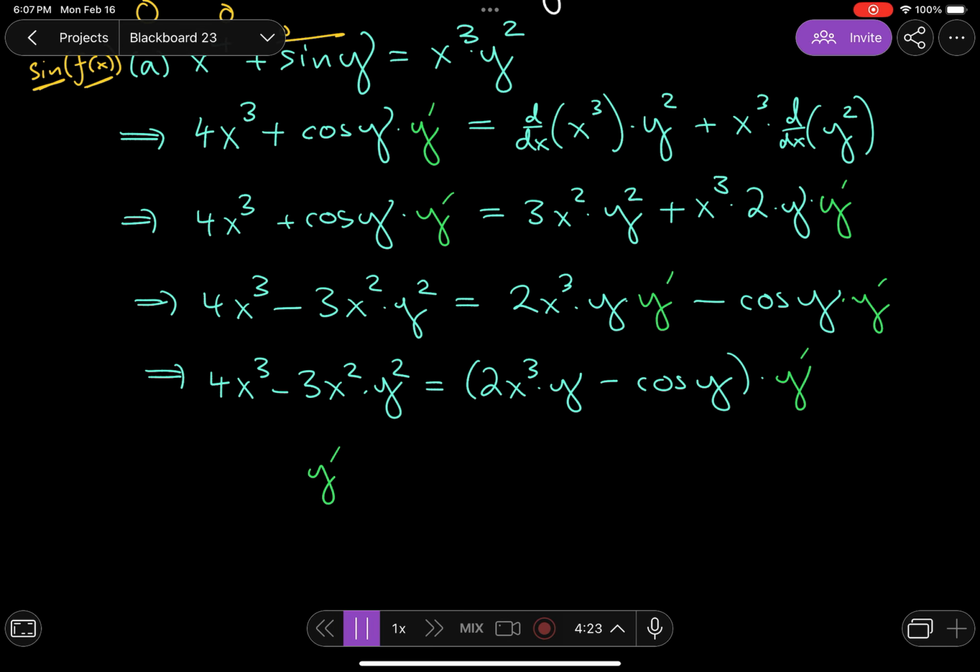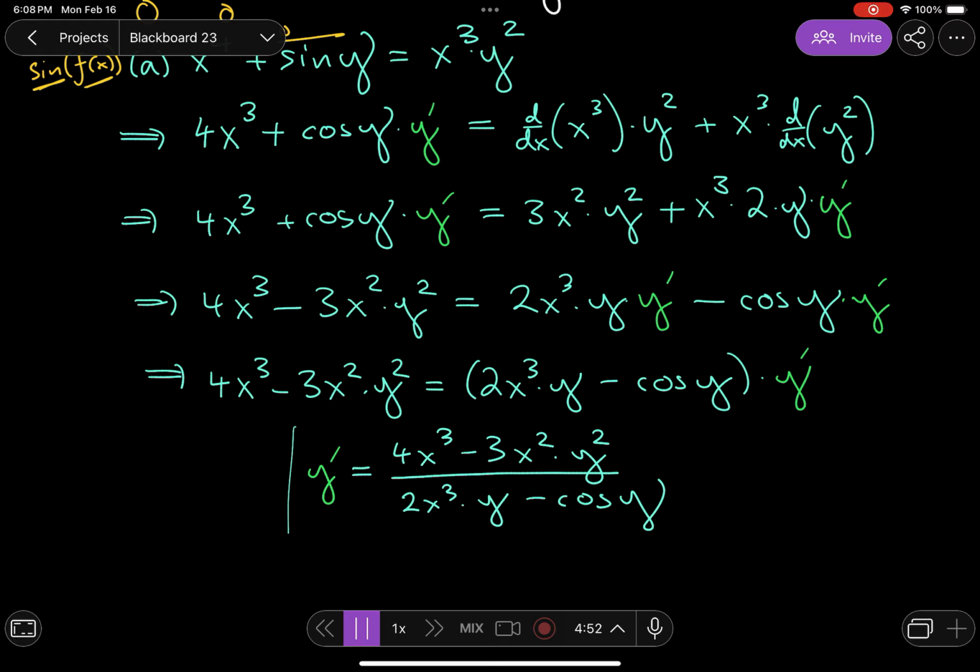Y prime, by dividing both sides by this character right here, y prime is the same thing as 4x cubed minus 3x squared times y squared, all divided by 2x cubed times y minus cosine of y. Okay, again, that's from dividing both sides by this character right here.